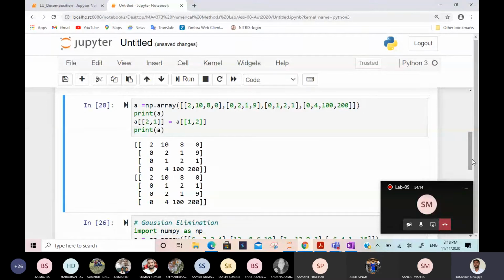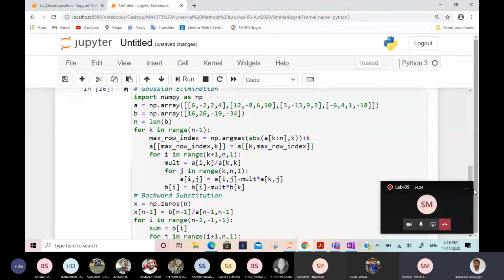Either I say that I interchange with J, or J interchange with I. So both are the same thing. So is that clear? This line, whatever maximum index I got, where the maximum is, that I interchange with the kth row. Okay, sir. Is there any change we have to make after this, or are we done?